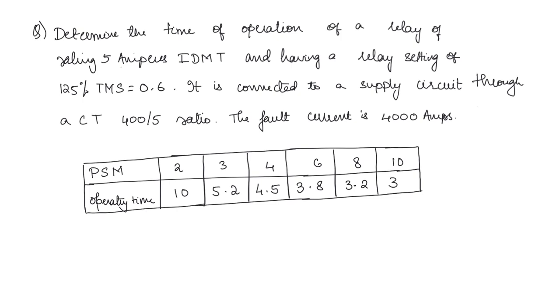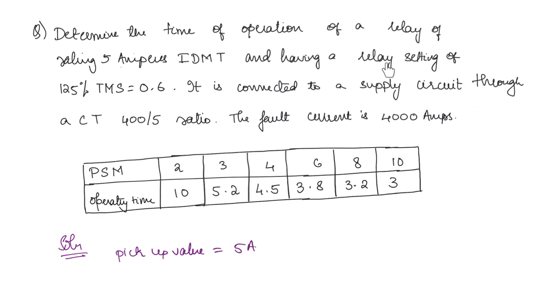First we will write down the given information. The relay rating is 5 amperes, which means the relay will work when 5 amperes flows through it. So the pickup value is 5 amperes.